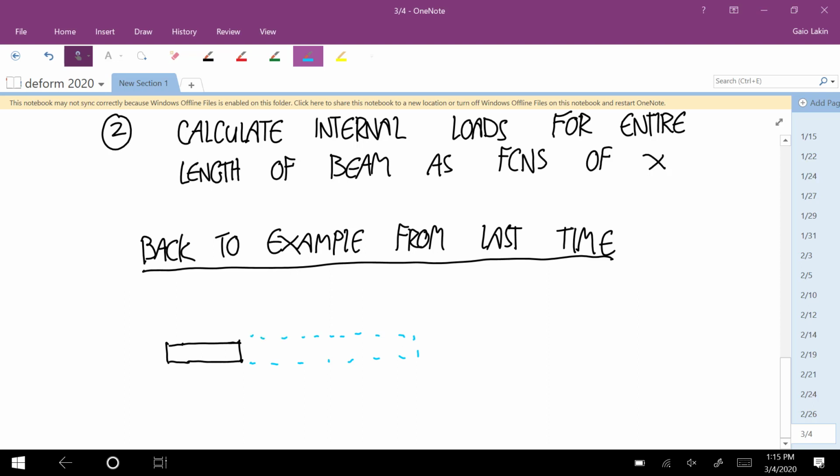So that means we're not considering the downward 1,000 Newton force or the couple. We did use those to figure out the external loads on the left side, and those are a downward force of 1,000 newtons and a couple with your thumb in the direction of the negative x axis of 500 Newton meters. I'll put the units on here so we keep the couple and the force straight.